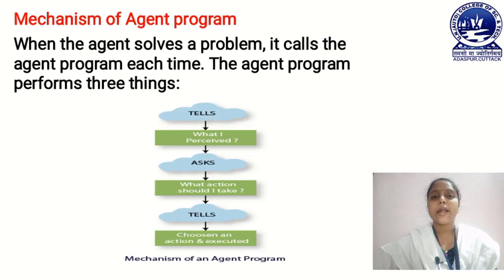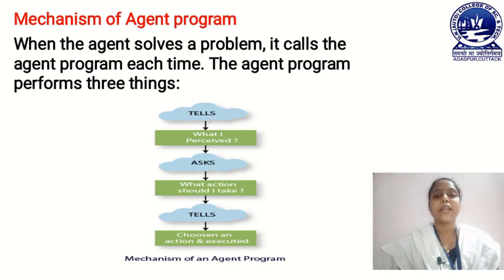Next, the mechanism of the knowledge-based agent. Here, when an agent solves a problem, then the agent calls the agent program. In our knowledge-based agent, the agent program always performs three things to solve a problem. The first thing is that it tells the knowledge base what it perceived from the environment at a particular time.